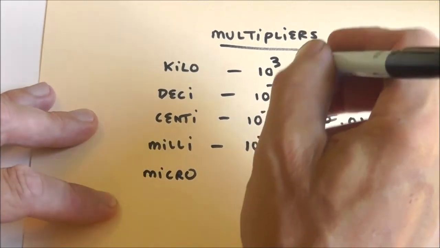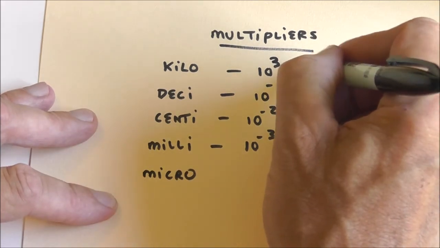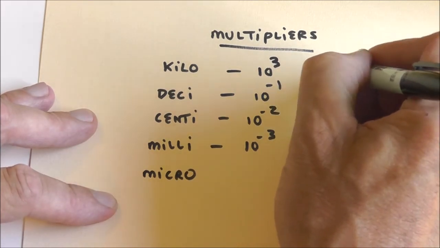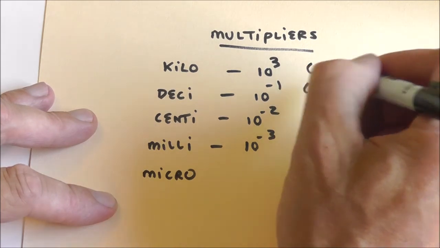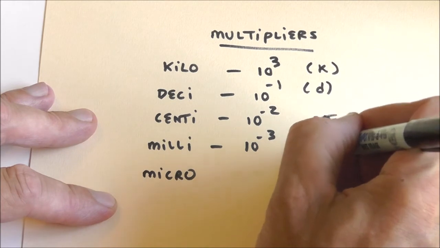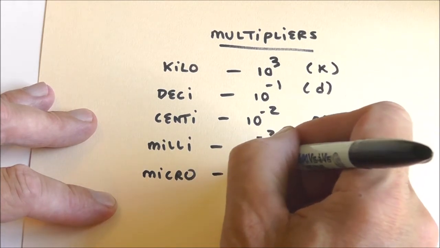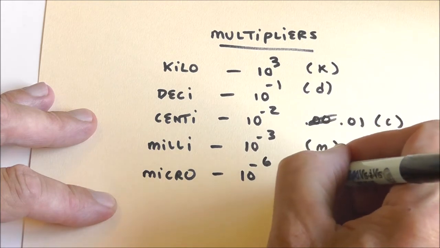Oh, darn it, guys, I forgot the symbol. So symbol is k, deci, d, centi, c, milli, m. Micro has a weird symbol. That's what triggered my memory. It is a mu.